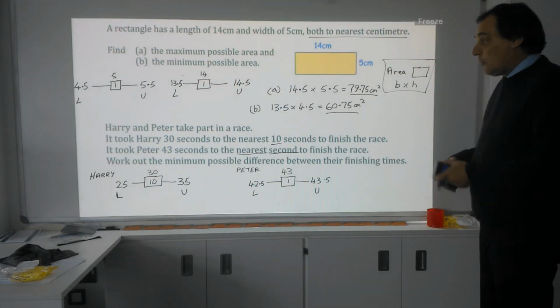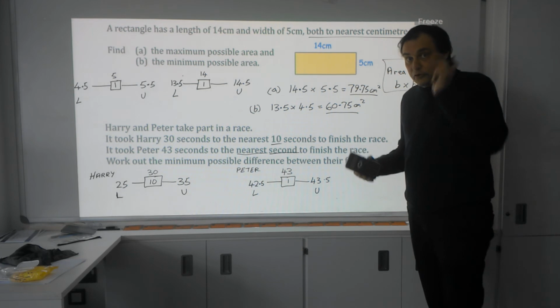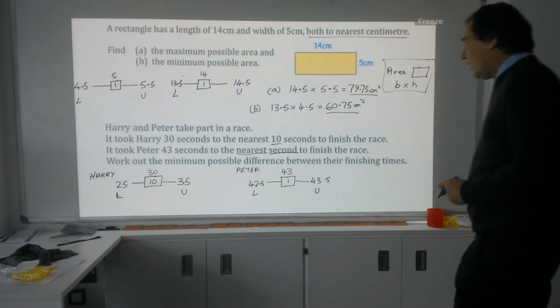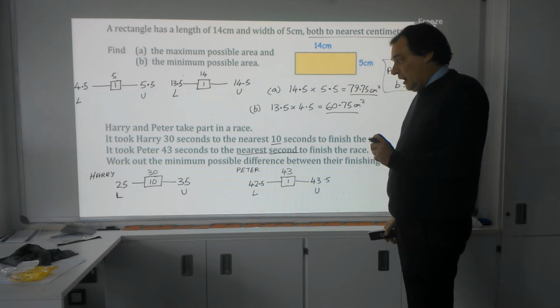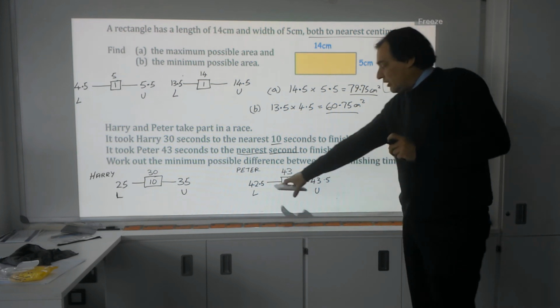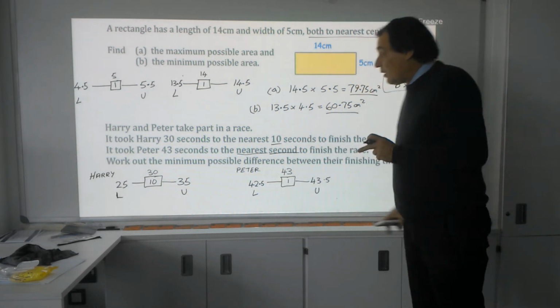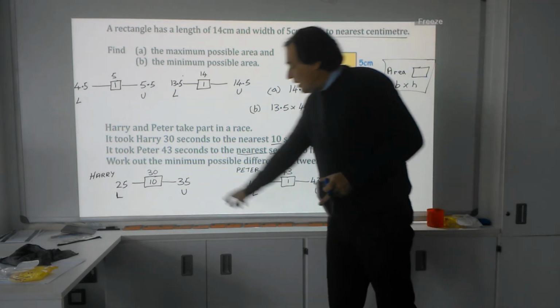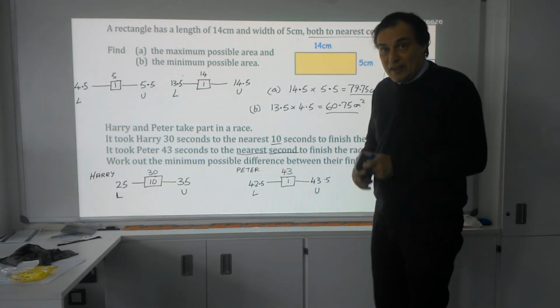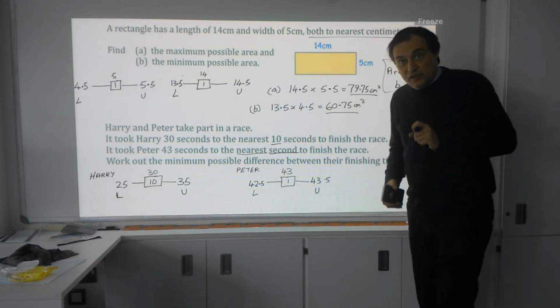That won't work, because all you've got to do is get the gap. We've got to think outside the box here. To get the smallest possible difference between their two times, we want Peter, who's the slowest, we want his quickest time, which is his lower bound, and we want to take away Harry's longest time, which is the upper bound, and that will give us the shortest gap between the two.